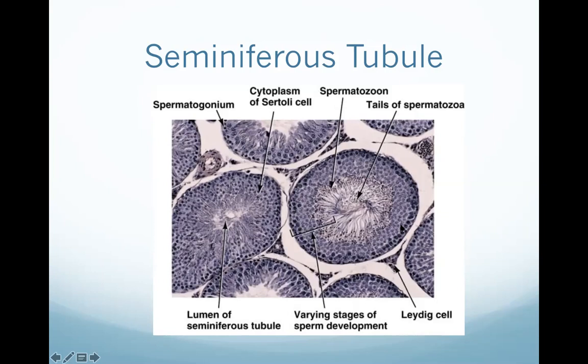These are resident within the male from the time of birth, but they're not going to be active in the production of sperm until after puberty starts. And when puberty starts, we're going to see that these spermatogonium are then going to start to undergo meiosis. That'll be initiated by follicle stimulating hormone released from the pituitary gland and the presence of testosterone produced by the surrounding Leydig cells.